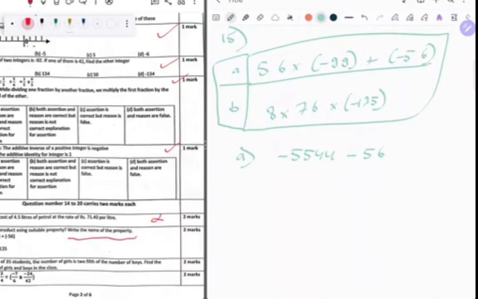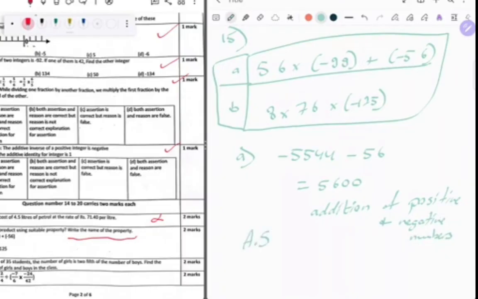So now I just need to add two negative numbers together. I would get 5600. So addition of positive and negative numbers. Your teacher has many ways of stating it, but it's just addition or subtraction.